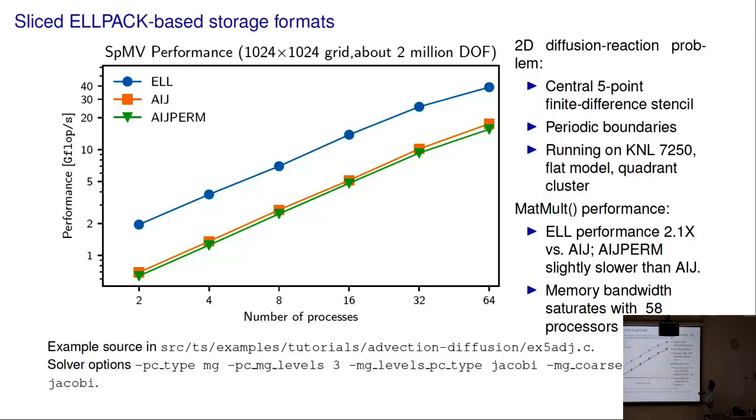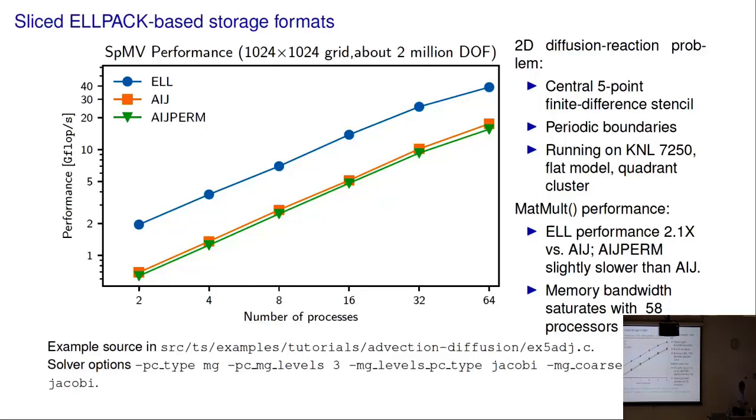So there's nothing that the sliced ELLPACK is bad at doing. This is very, very fast because for these MatVec type operations, it really screams. And so when we do this, we get like 2x the performance of AIJ. So that's pretty good. And memory bandwidth actually saturates with 58 processors.